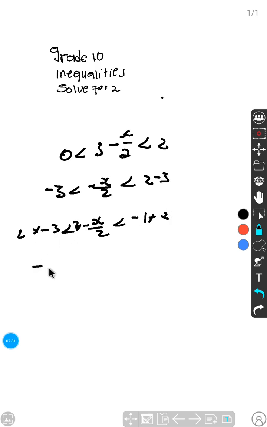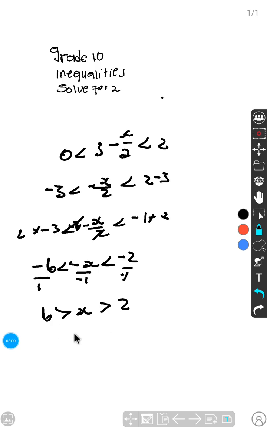Then we're going to have minus 6. The 2's cancel, we're left with minus x. And then minus 1 times 2 is going to be minus 2. Okay, then we divide both sides by minus 1. Remember, divide by negative, we're changing the signs. So let's write this in order. We're saying that x is greater than 2, but x is less than 6.